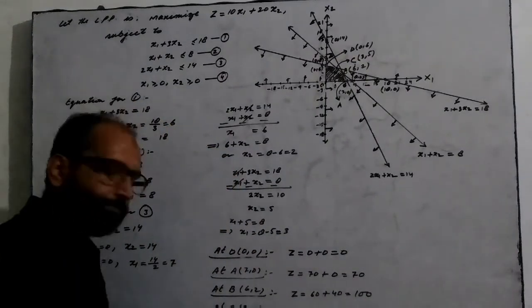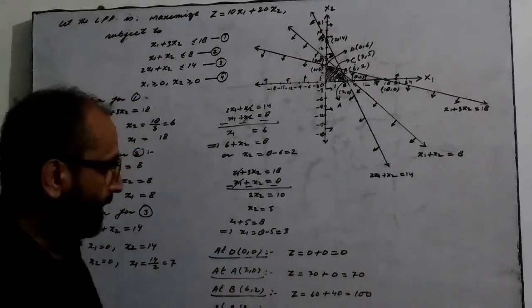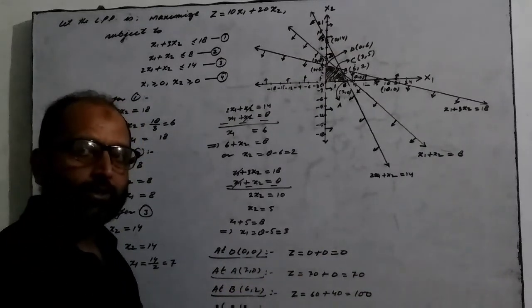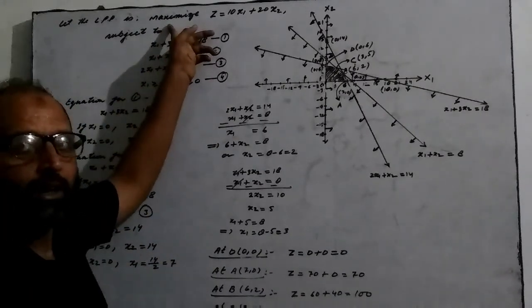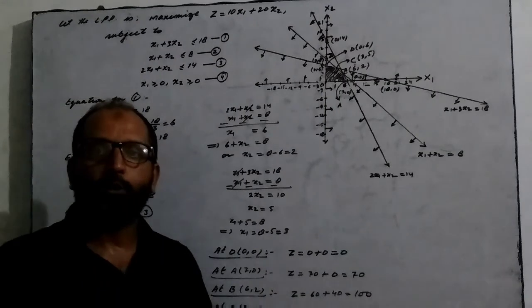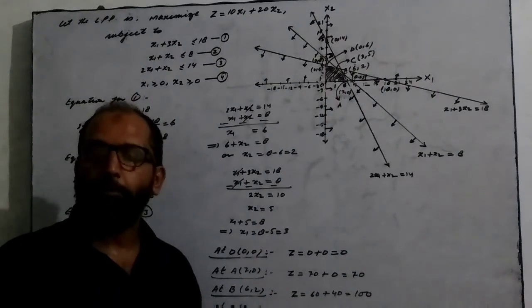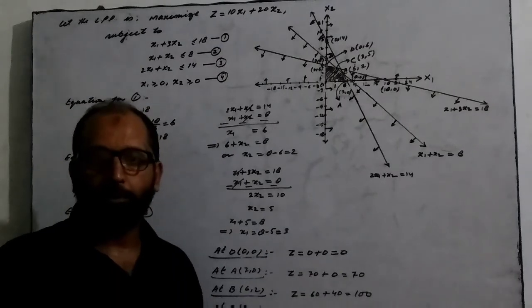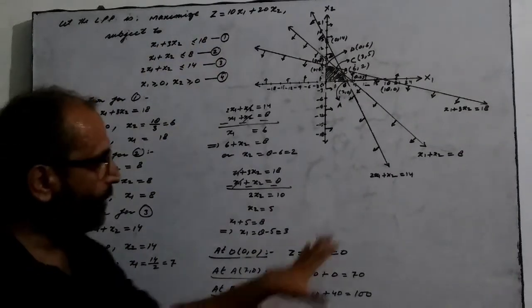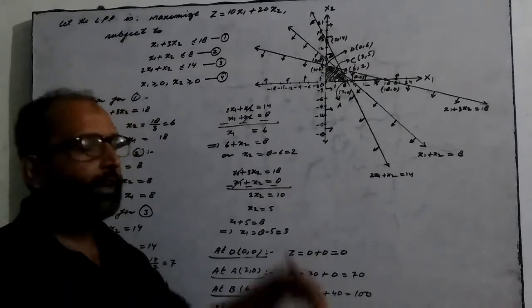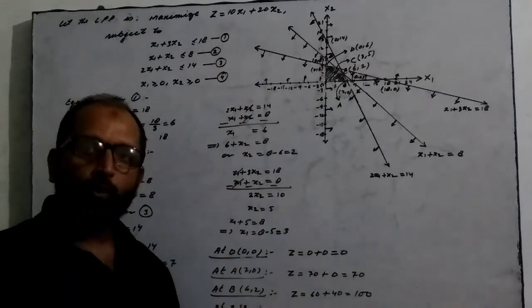After doing so, we observe at which point z has its maximum value. As you know, there are two types of LPP. One is maximizing LPP and the other is minimizing LPP. If it is a maximizing LPP, we observe the greatest value of z, and if the LPP is minimizing LPP, then we observe the smallest value of z.